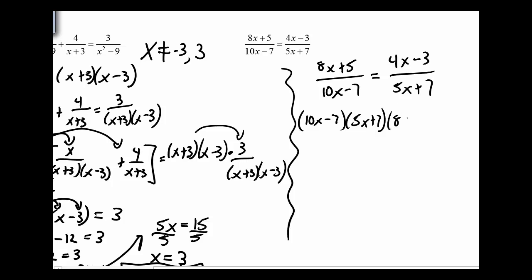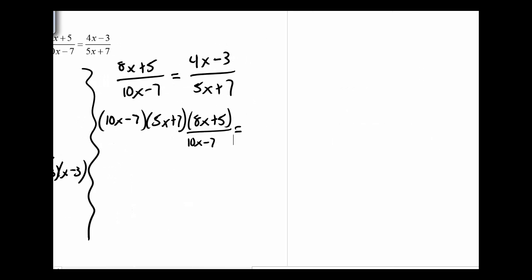and that's 8x plus 5 over 10x minus 7. And I'm going to slide this over so I get more space. All right, and then 10x minus 7, 5x plus 7 times the other fraction.